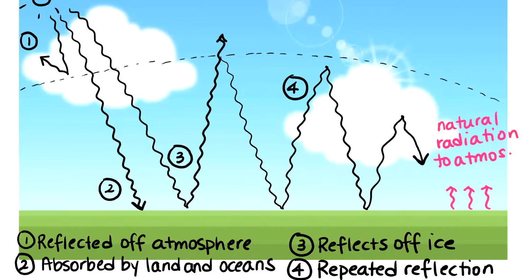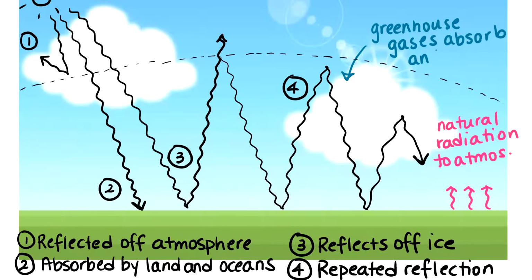And we're just going to make a little side note here that the repeated reflection that's occurring in step 4 is as a result of the greenhouse gases in the atmosphere, which absorb and re-emit the energy in many directions.